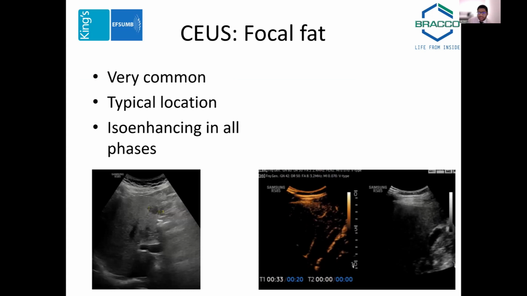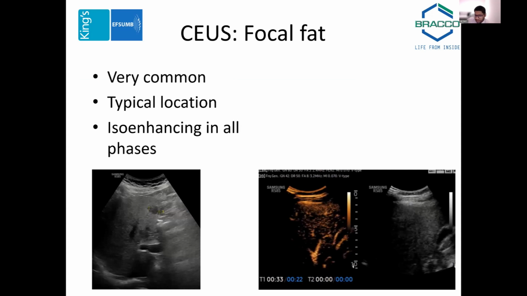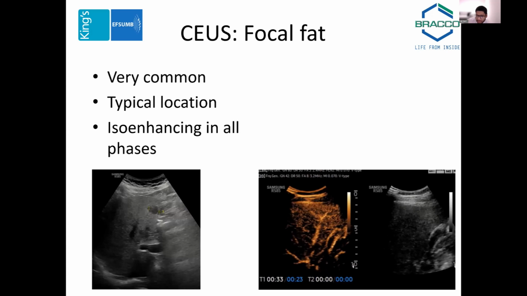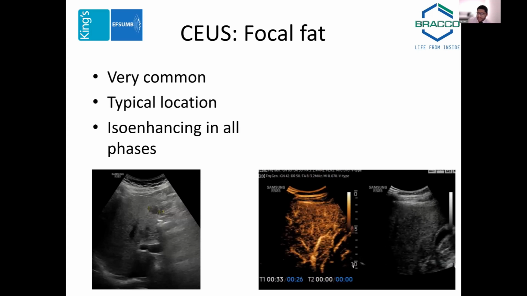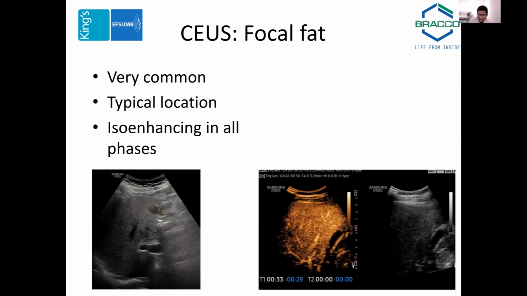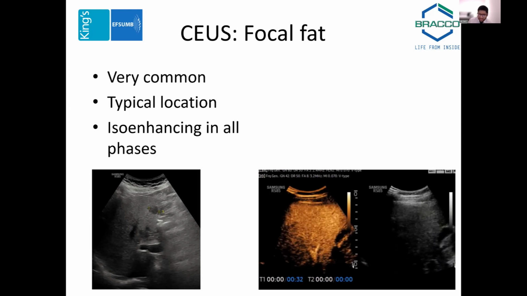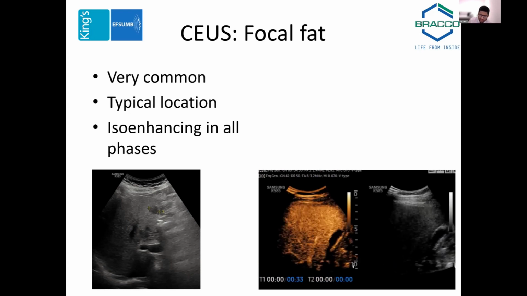So here's focal fat. I've listed it as focal fat rather than sparing or infiltration, and they fall under this category of pseudo lesions. Ultimately, they are normal liver, just a differential degree of fat within it. That's because of things like the third inflows, the pericholecystic veins or the falciform veins, which means that the fat deposits unevenly in the liver.